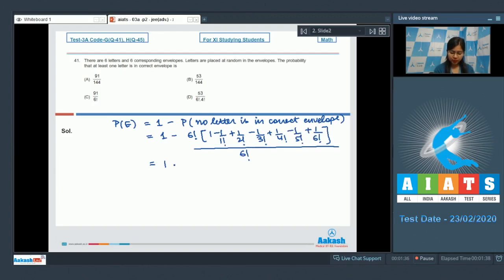So this is equal to 1 minus (720 by 2, that is 360, minus 120 plus 30 minus 6 plus 1) whole divided by 6 factorial, that is 720. So this is equal to 1 minus 265 divided by 720, that is 91 by 144. So the correct answer is option number A.